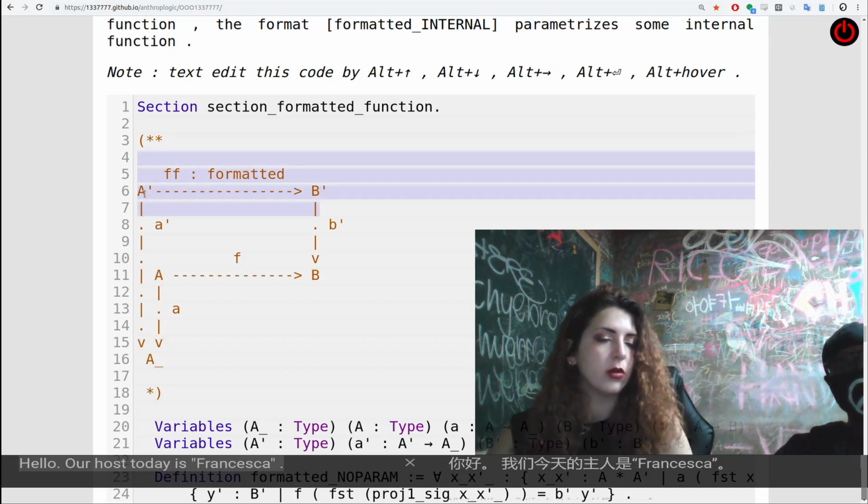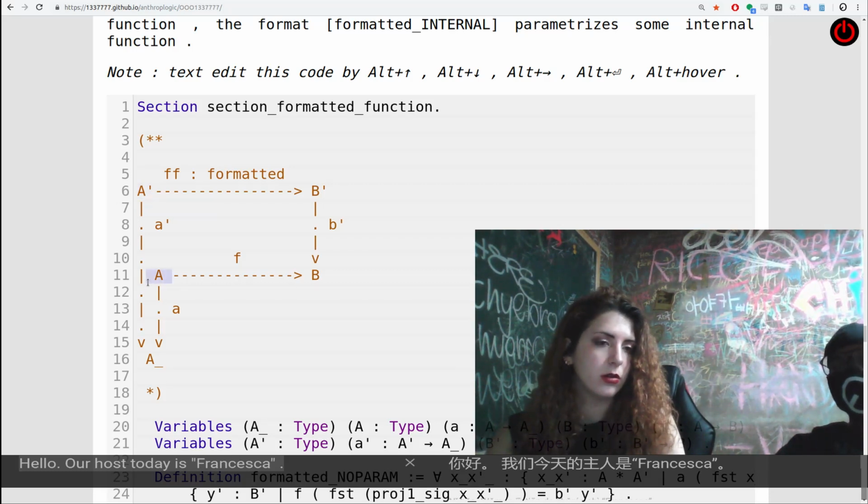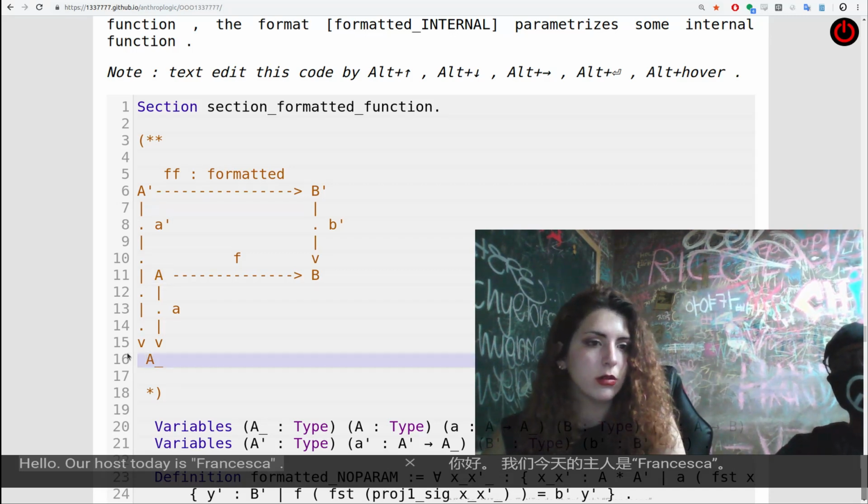It means that when you have an input here, we also need an input here. So we start with two inputs: one input, data, and another input, logical information, and then they have to agree right here.